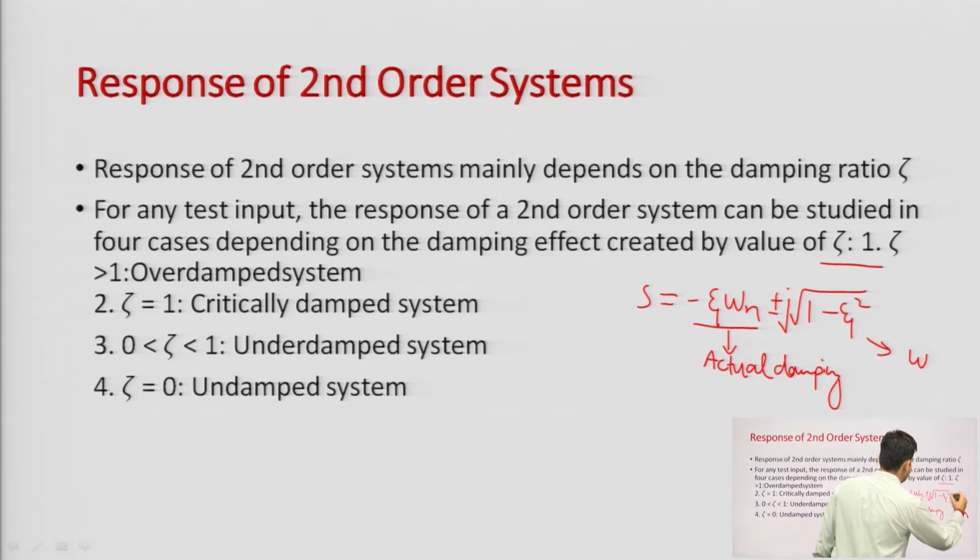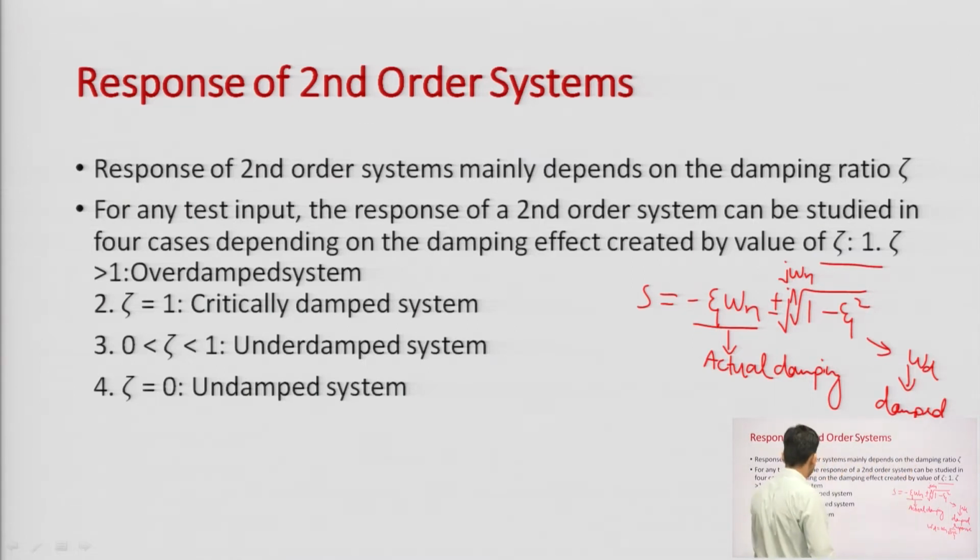Actually it would be j omega n under root 1 minus zeta square, so this term would be omega d, the damped frequency, or you can say damped response, where omega d is equal to omega n under root 1 minus zeta square. This we had discussed in the last session.